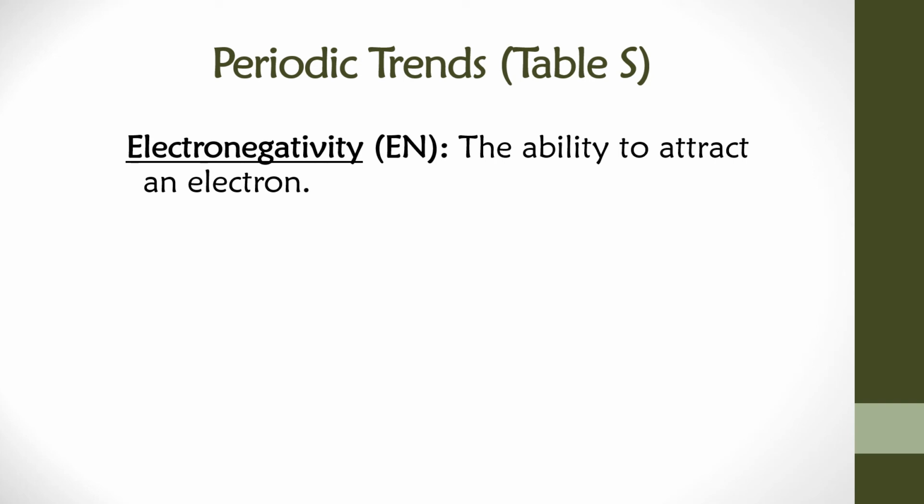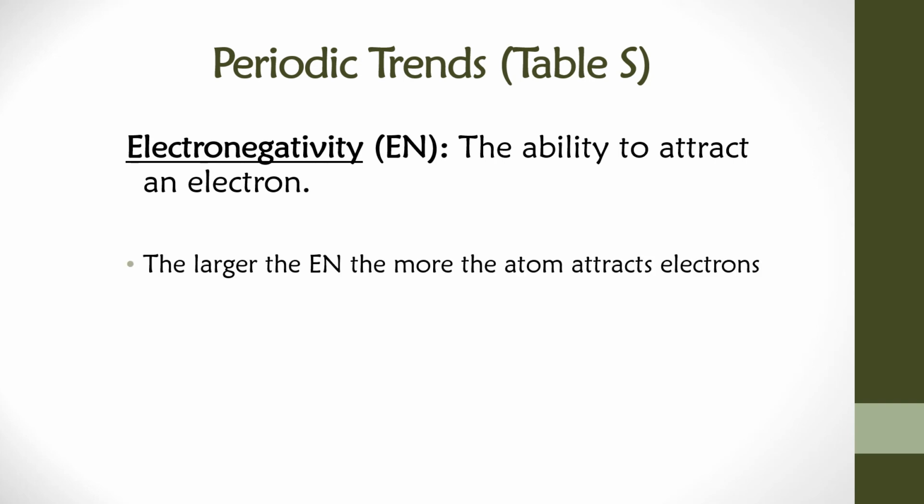Remember that if we are looking at an element that has a very large electronegativity, then that atom is definitely going to attract more electrons and gain more electrons in return as well. Just one thing to remember is that metals want to lose their electrons. So if they want to lose them, there's no way they would want to attract more electrons.